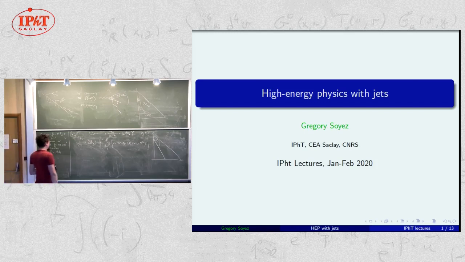Now, if I have a given theta G, I can calculate the distribution of ZG. So if I say I do have a given theta G, my theta G is here, ZG is somewhere along this line.